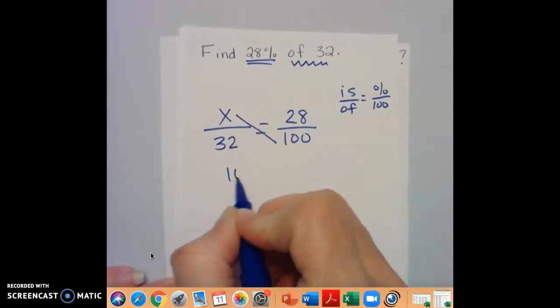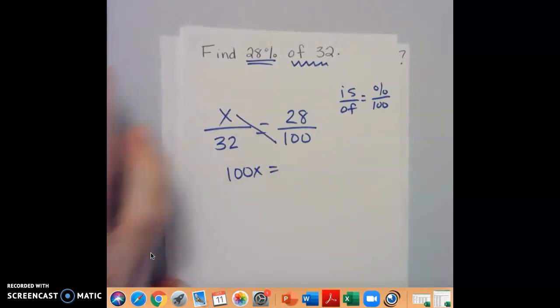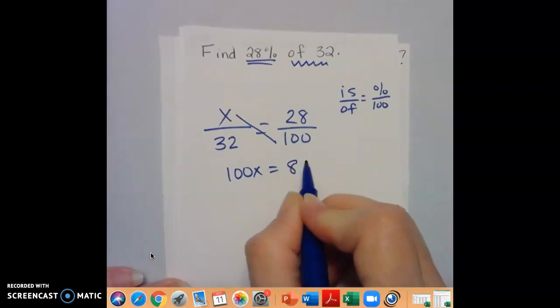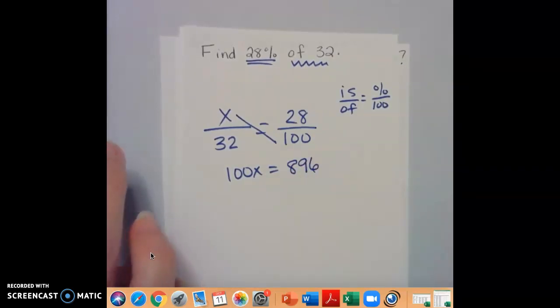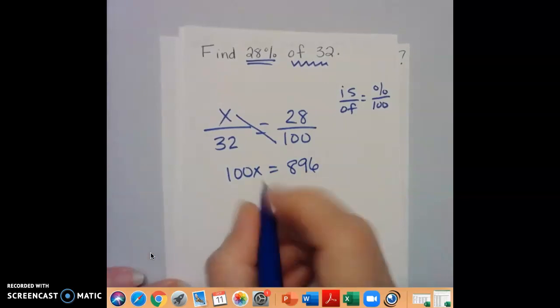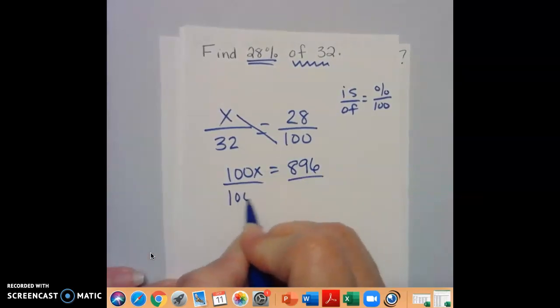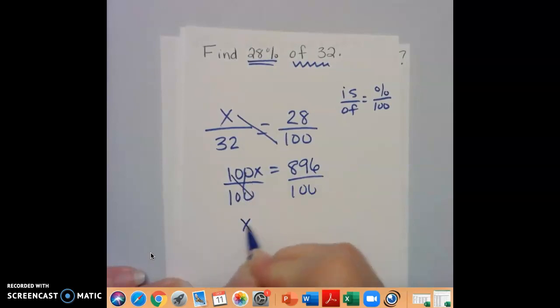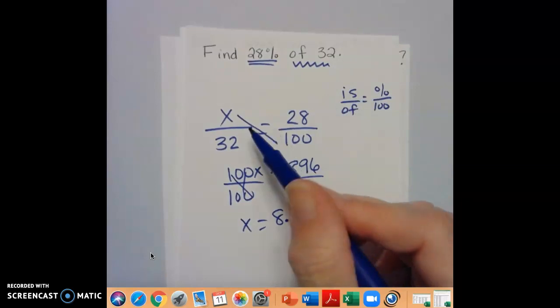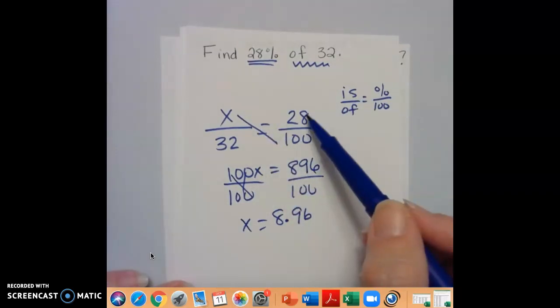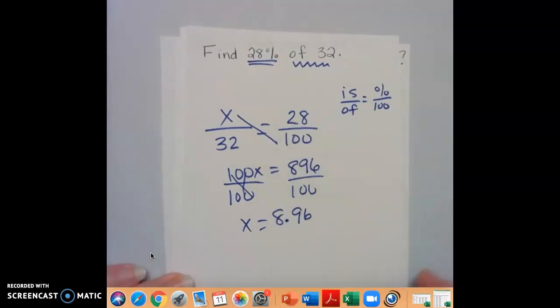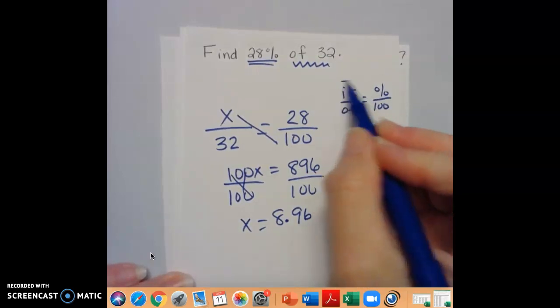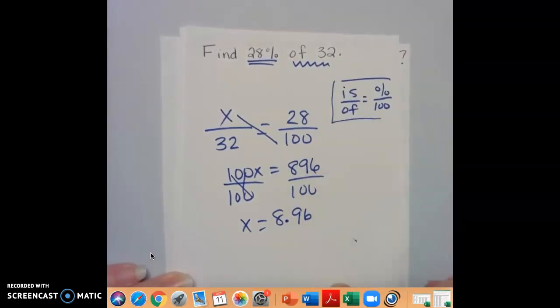So we got 100x equals 32 times 28, which is 896. And then we're going to divide both sides by 100, which again you could probably do in your head. And we get 8.96. So our x would be 8.96, which would be our 28% of that 32, okay? So this still works for us.